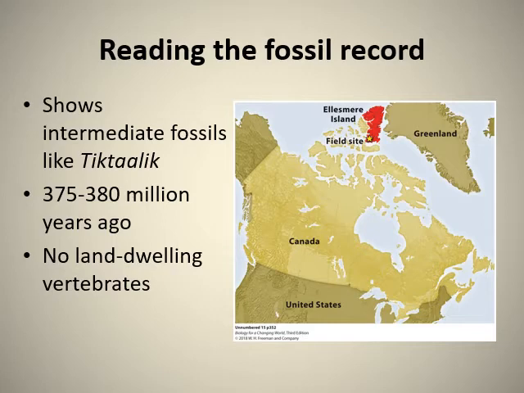Oh yeah, 375 to 380 million years ago. So at this point in time, we had no land-dwelling vertebrates, so nothing living on land that had a backbone, right? We're all in the sea still. So this is kind of the intermediate time where they're looking to see how these animals came to be able to live on land versus sea, and these are the intermediate fossils that they're looking for, like Tiktaalik.